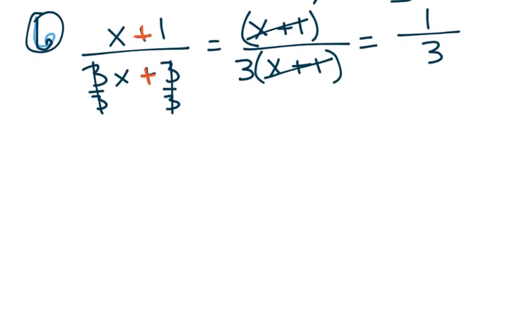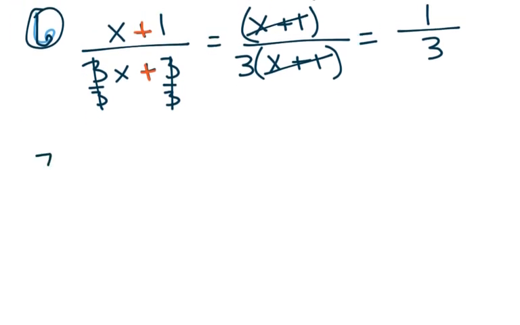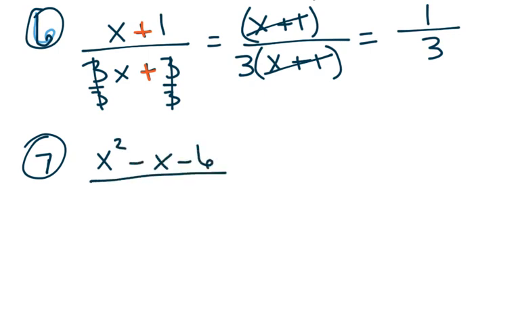All right, let's look at another one. Let's do x squared minus x minus 6 over x squared plus 5x plus 6. Okay, now here we don't have a greatest common factor, and we have trinomials, which means we have to factor.